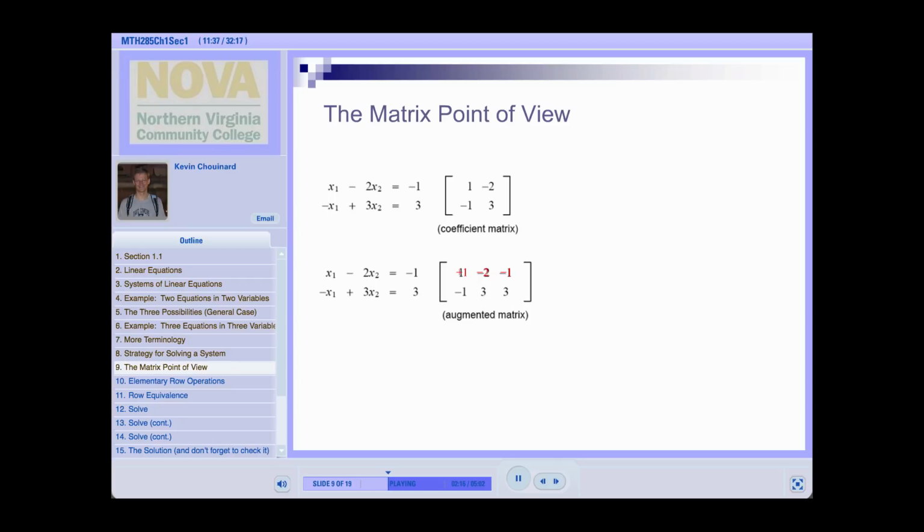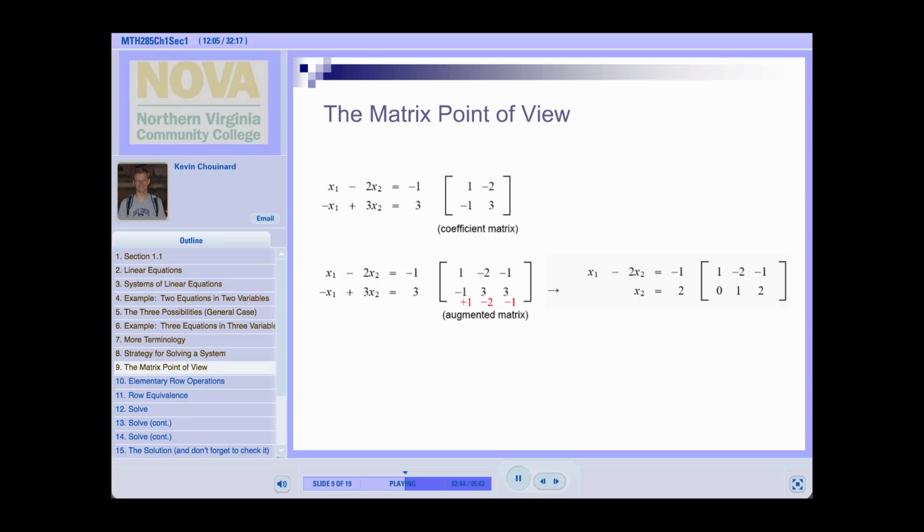Take the first line, add it to the second line, and while leaving the first line alone, create a new second line. So the first line of my new augmented matrix is still going to be 1, negative 2, negative 1. But my second row in the augmented matrix is now going to be 0, 1, 2, once I add the first row to that second row.